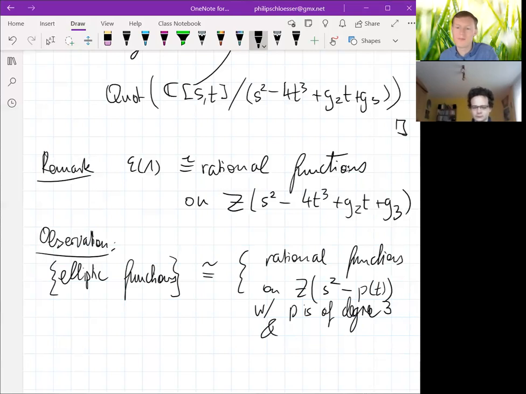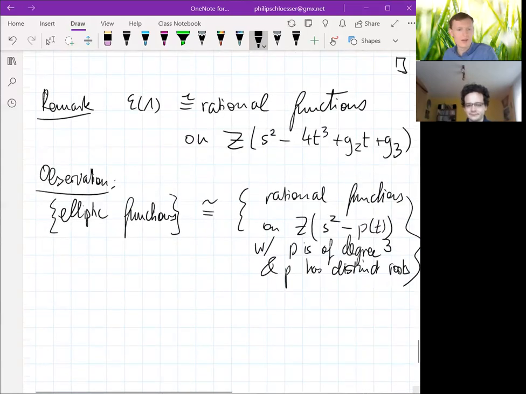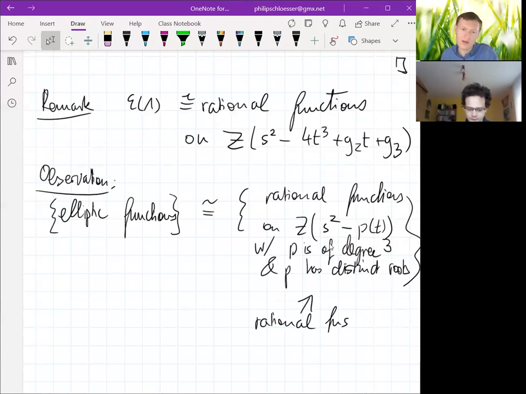P has distinct roots. And those are exactly going to be rational functions on elliptic curves.